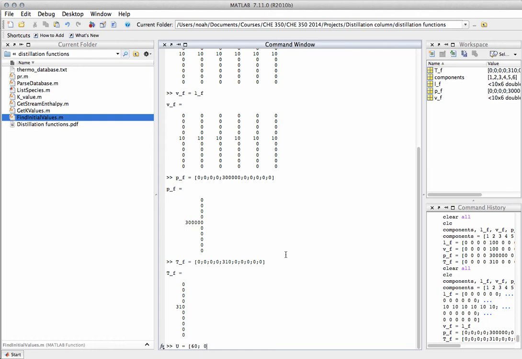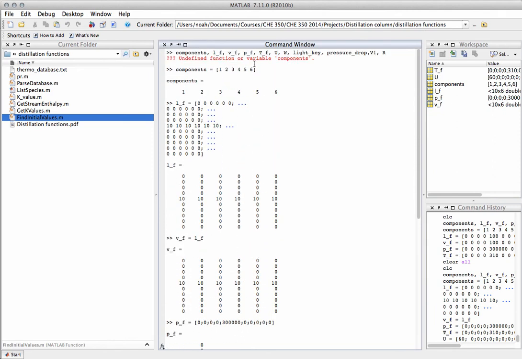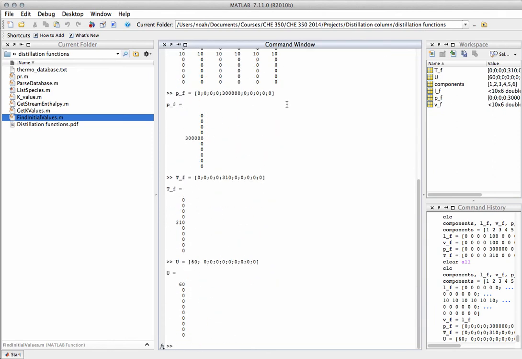So that's 1, 2, 3, 4, 5, 6, 7, 8, 9, 10 stages. U is defined. W then is my vapor side stream flow rate. If there's no vapor side stream, then this is just going to be 0 for every stage.